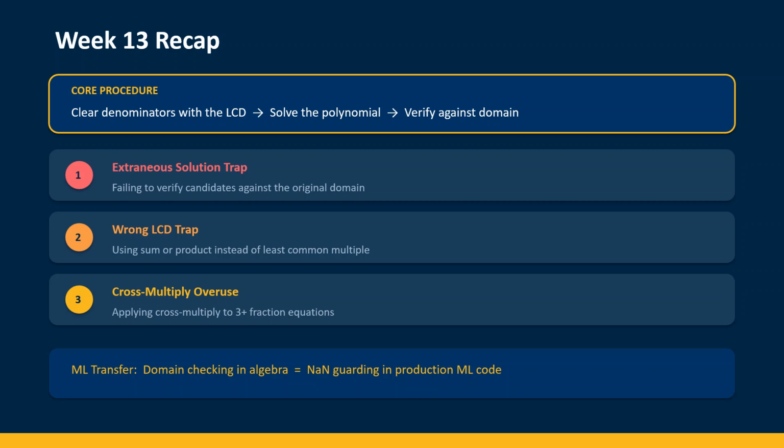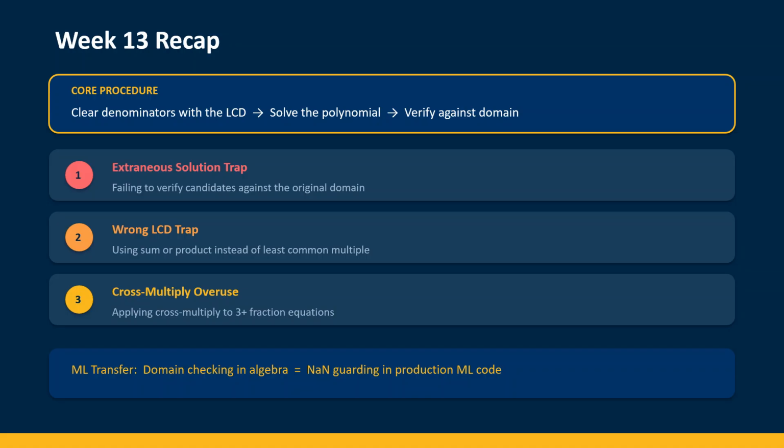Three families of errors were identified and addressed throughout the lesson. The first is the extraneous solution trap, failing to verify candidates against the original domain, thereby reporting a value that satisfies the cleared equation but renders the original equation undefined.